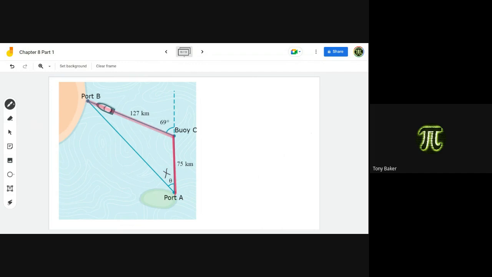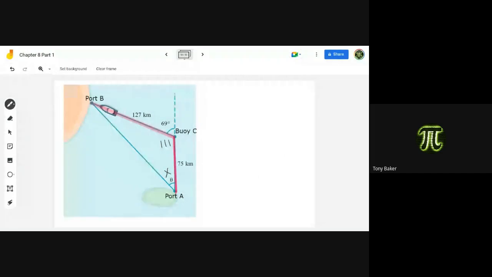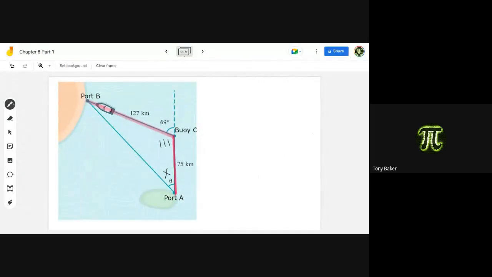So that's step one. Once we've got that, we can do what? Now we're going to need to use the law of cosines, correct? Because we do not have a pair, and I need a pair.